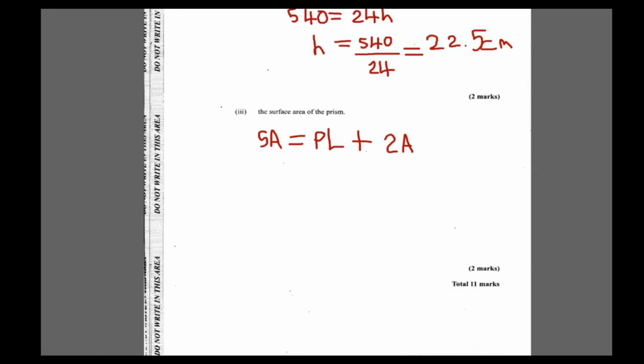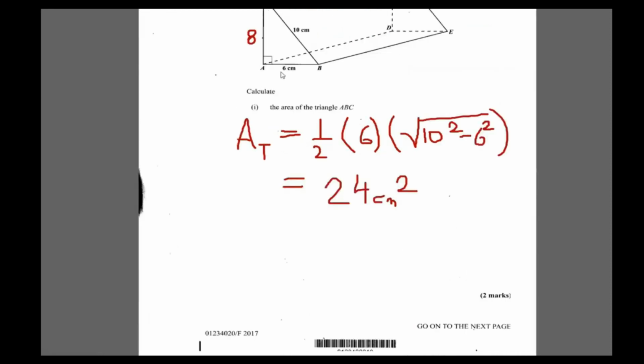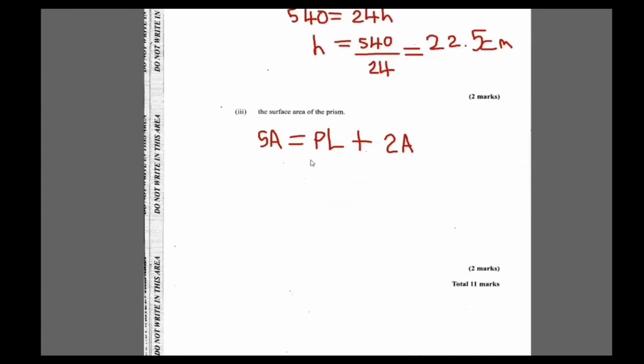The perimeter of the cross-section is 8 plus 6 plus 10, which is 24. So surface area is 24 times the length, which we just found to be 22.5, plus 2 times the end area, and we found the end area already to be 24.